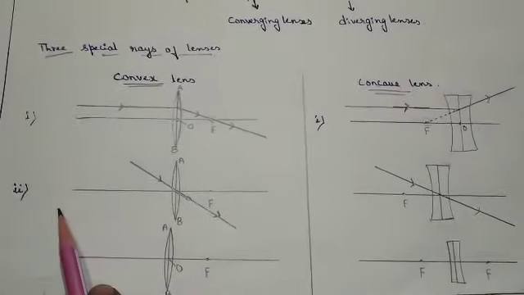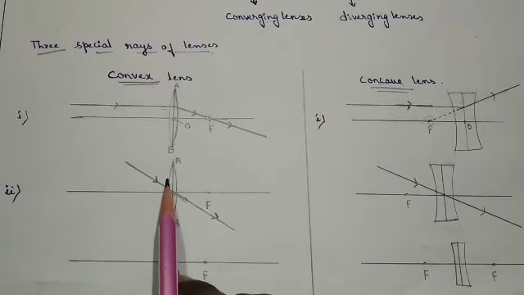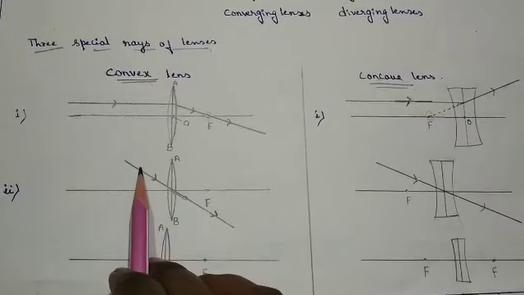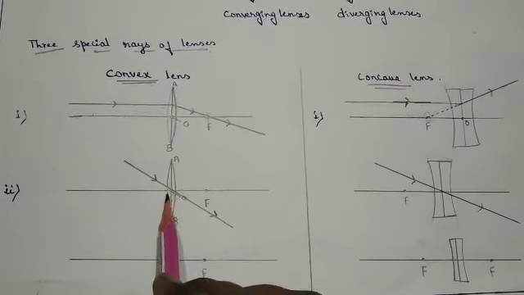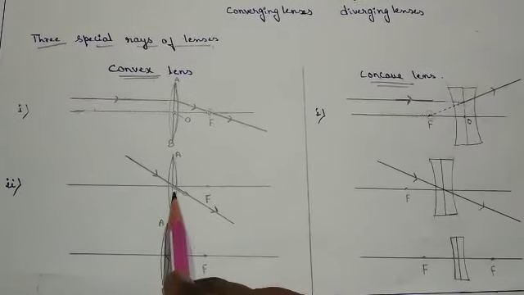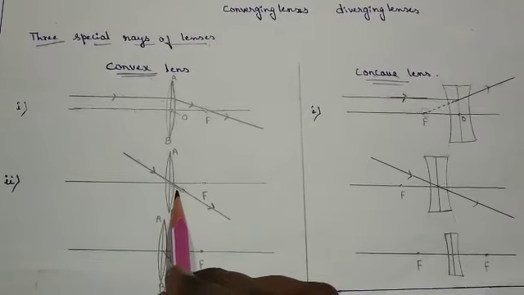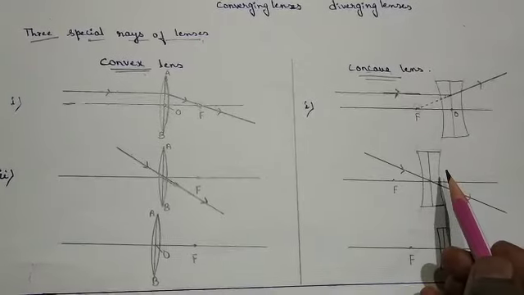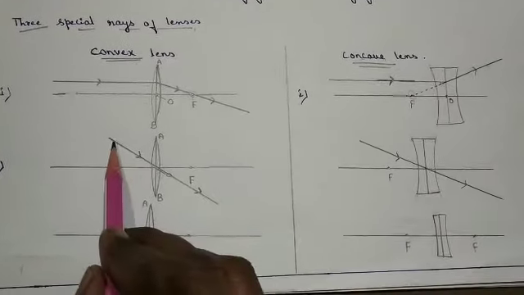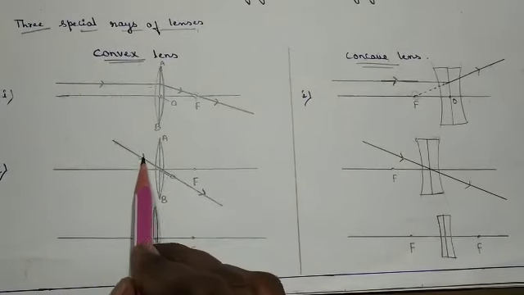Now the second case. If the incident ray is passing through the optical center of the lens, either a convex or a concave lens, it goes undeviated from the lens. You can observe here, this is the incident ray.